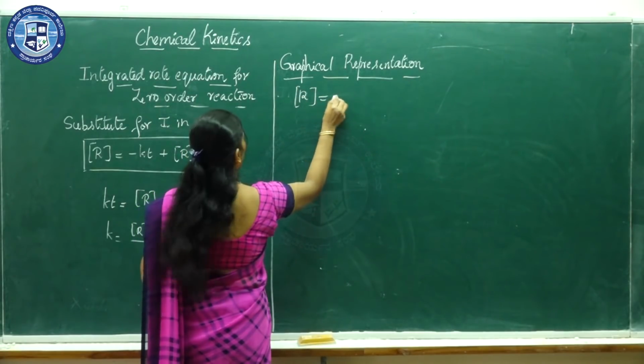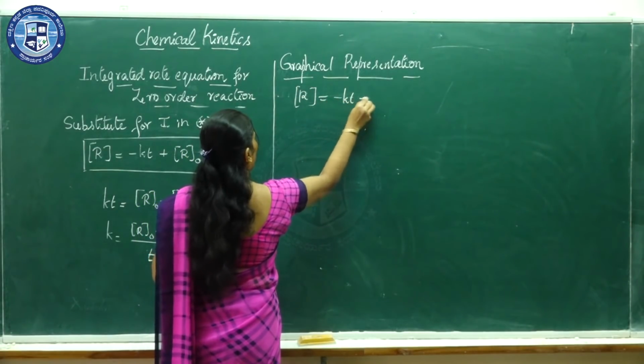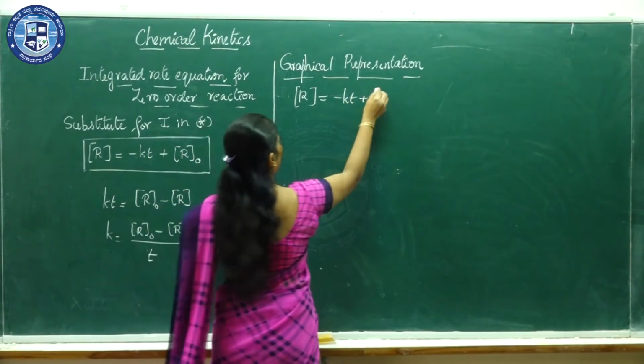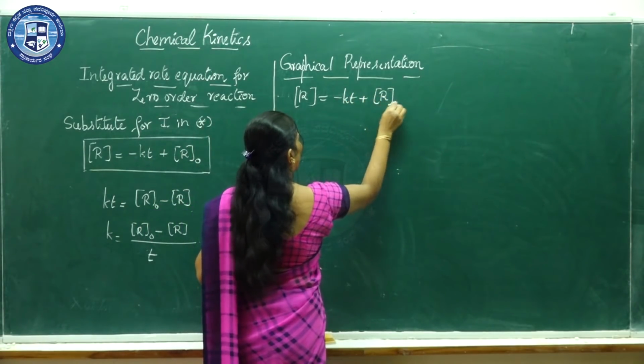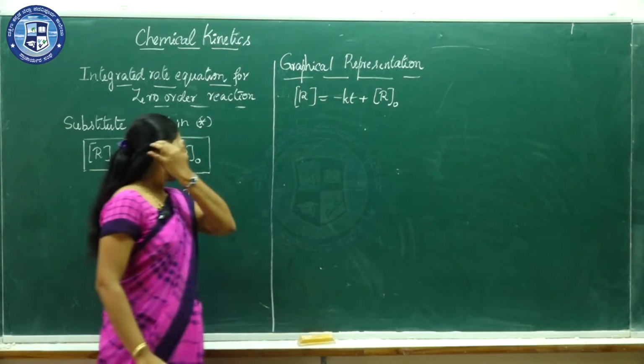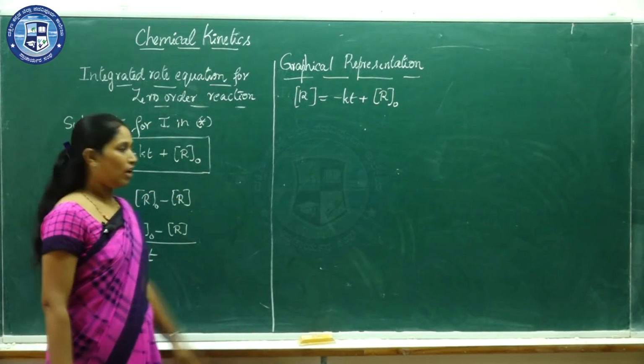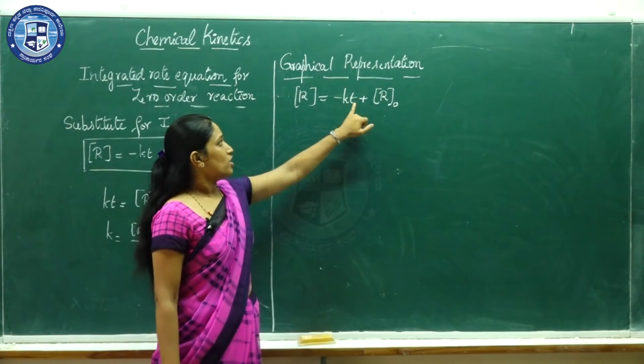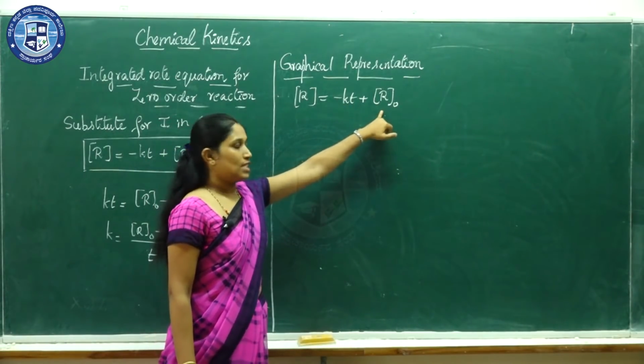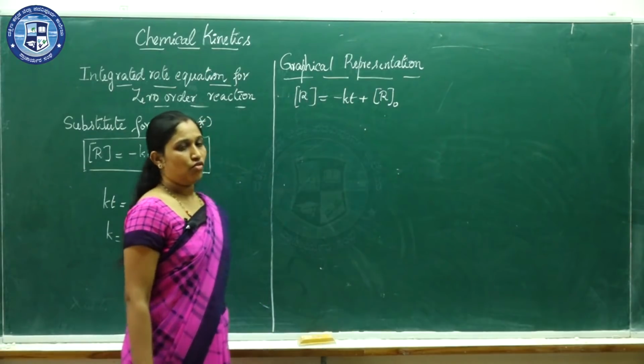R is equal to minus Kt plus R naught. Okay, so what does this R tell you? It is concentration of R. This is K, rate constant, T is the time, and R naught is the initial concentration of R.